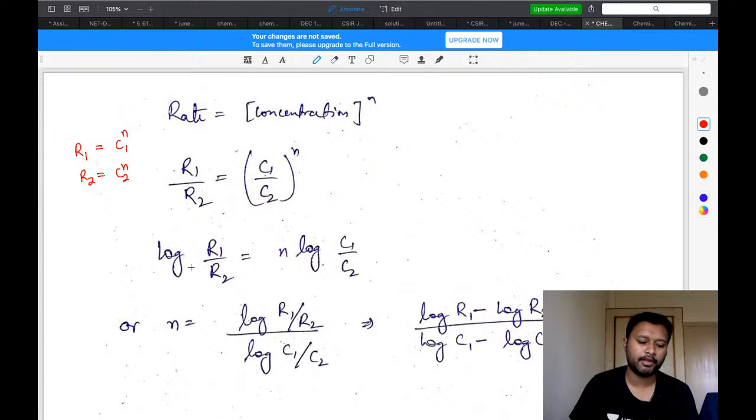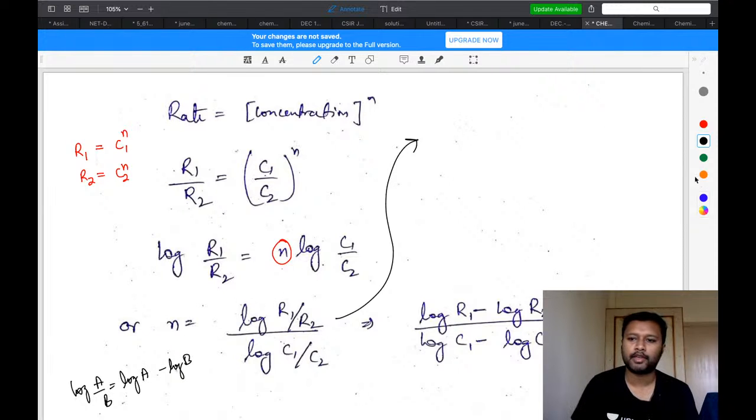You can take log both sides, which gives log(R1/R2) = n log(C1/C2). Now if you want n, you can take this to the other side, and you will get n = log(R1/R2) divided by log(C1/C2). Now I am going to use the property of log: log(A/B) can be written as log A - log B. So n = (log R1 - log R2) / (log C1 - log C2).